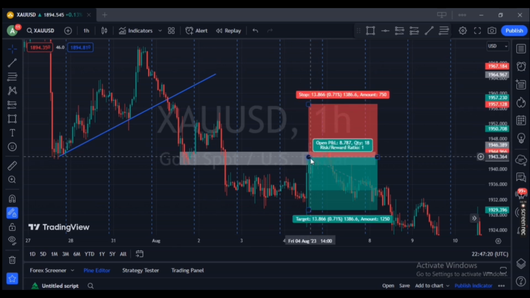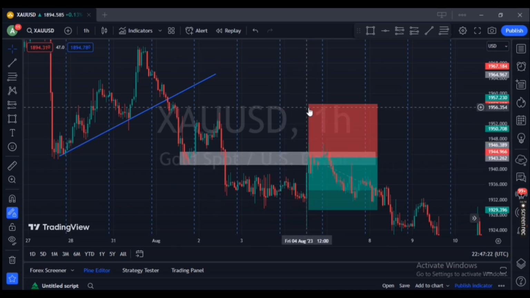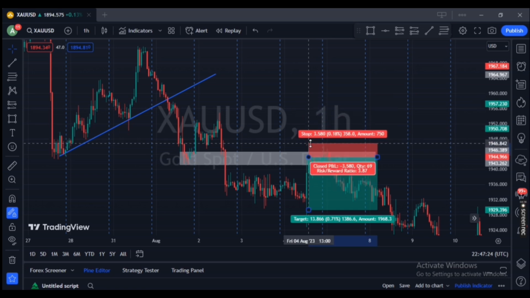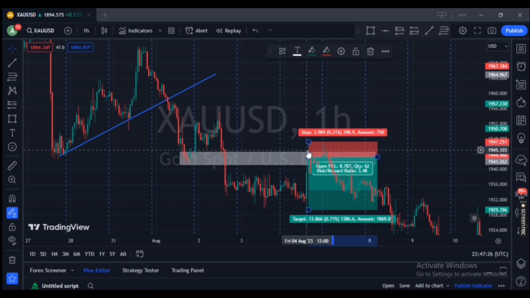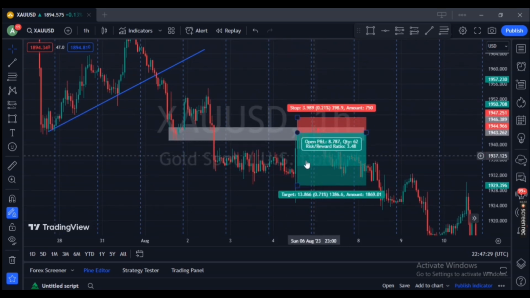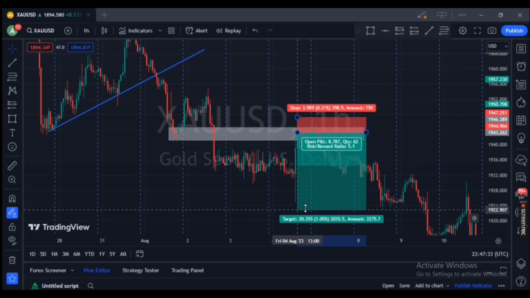You can have up to like 1:5 to 1:10 on this trade successfully.